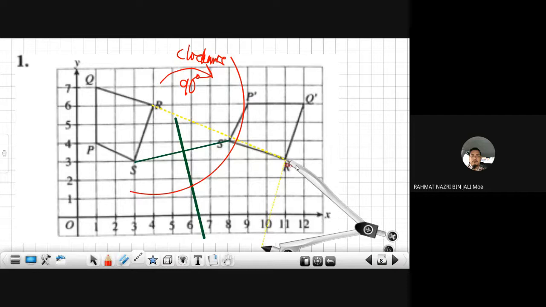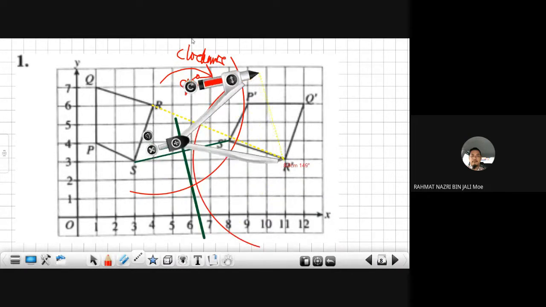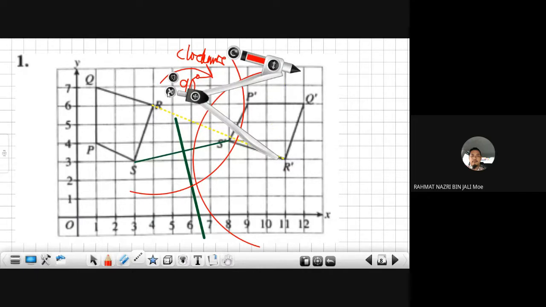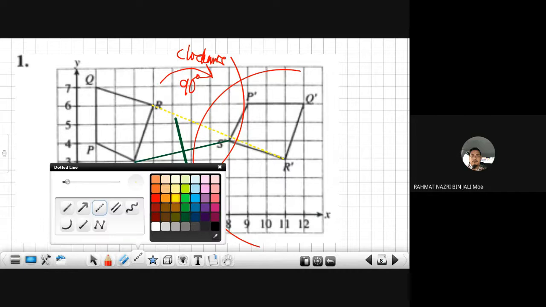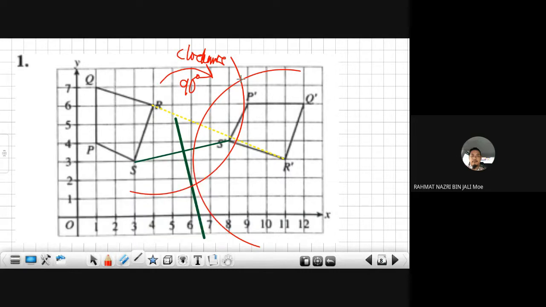Use the same opening, and then a different center. Okay, the yellow one is the second perpendicular bisector. Okay, I'm going to extend this yellow line.